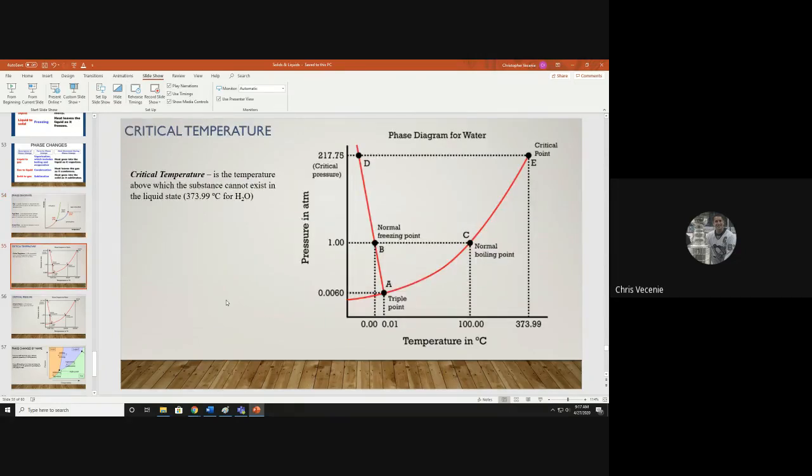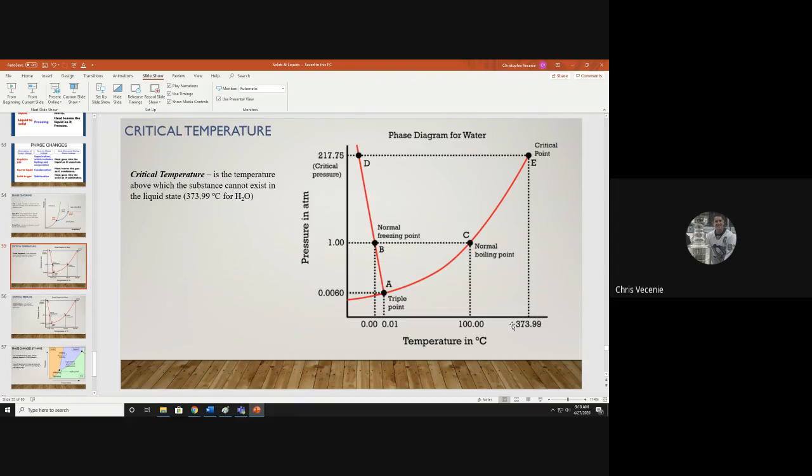What's the critical temperature? The critical temperature is the last temperature at which it is possible for a substance to remain a liquid, or you could think of it the other way, that if I exceed the critical temperature, I have to be a gas. So for water, that temperature is 373.99 degrees Celsius.